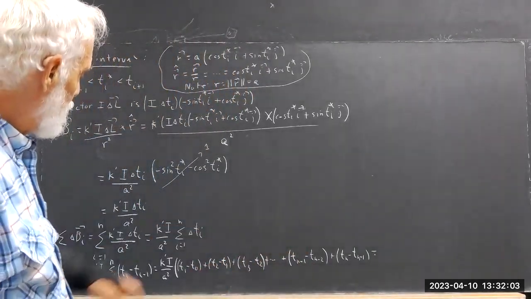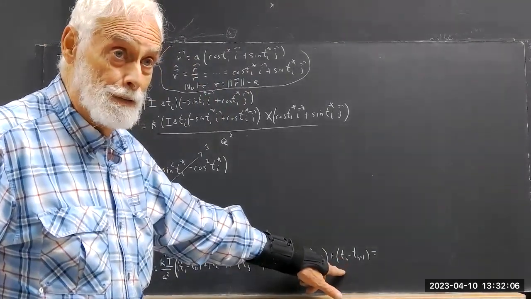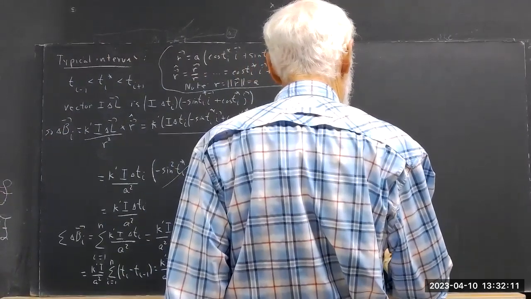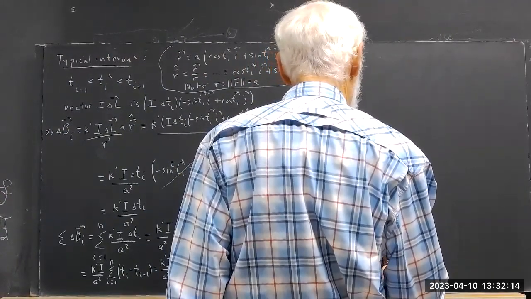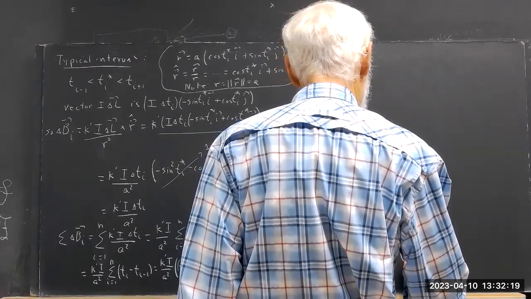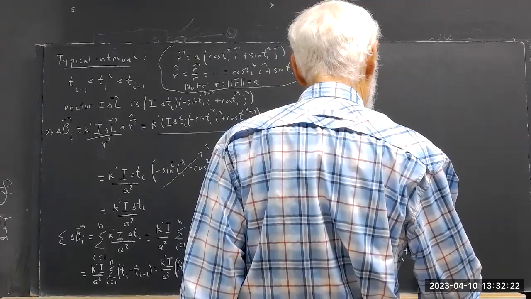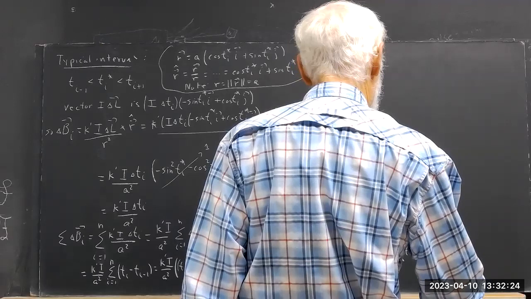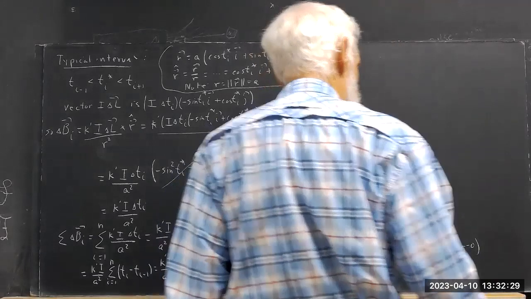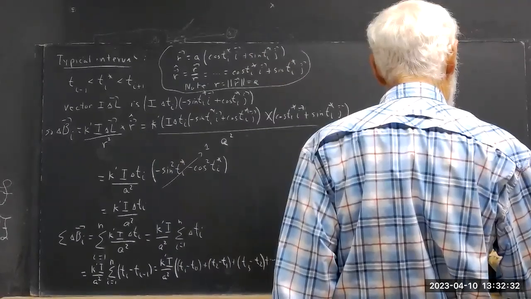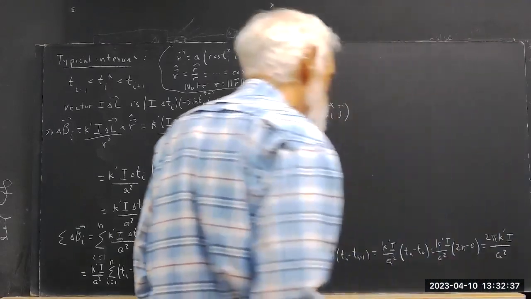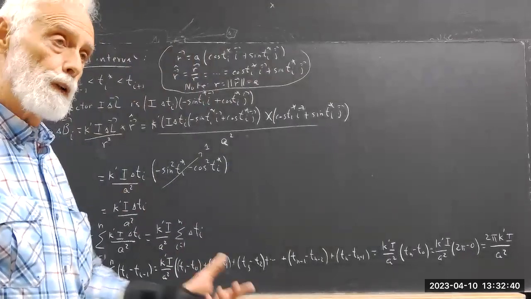And all you're gonna be left with is a T naught here and a T_n here. So it all comes out, you don't even have to do an integral.